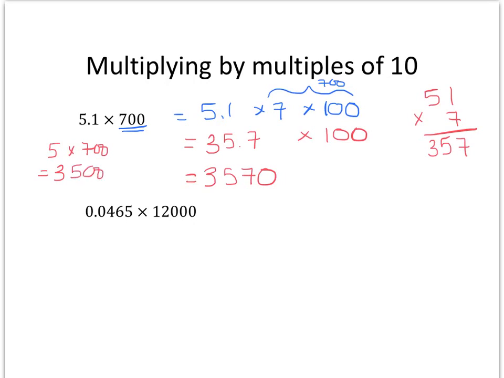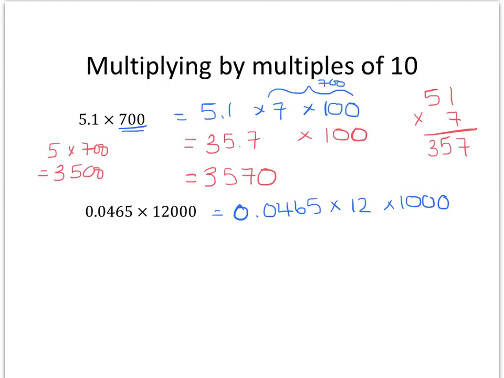Okay, last question here. We've got 0.0465 times 12,000. So I'm going to make that a new calculation. I'm going to say that's 0.0465 times 12 times 1,000. Okay, and so I'll do my 0.0465 times 12 first.